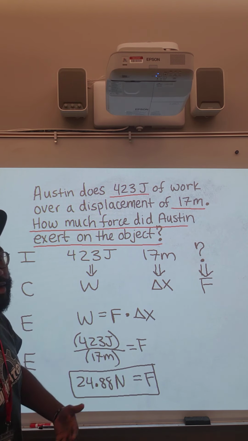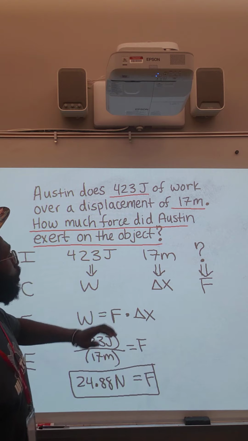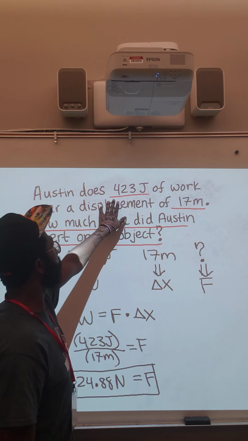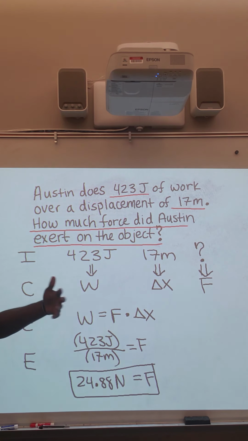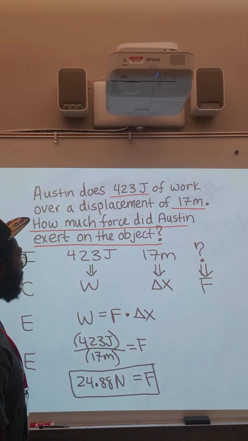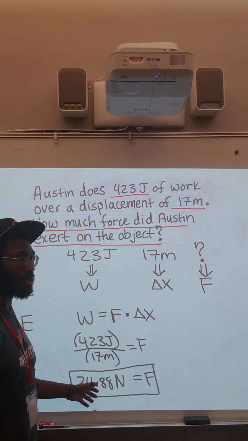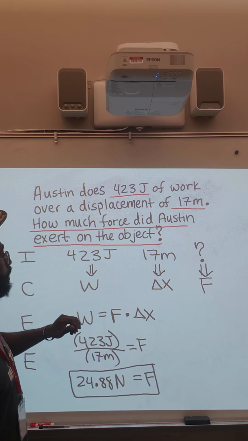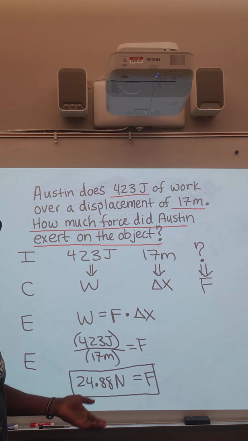And I'm going to end up doing 423 joules of work, rather, okay? So if I were to use this force to push this object 17 meters, then I would be doing 423 joules of work.